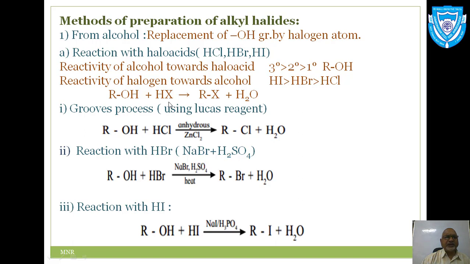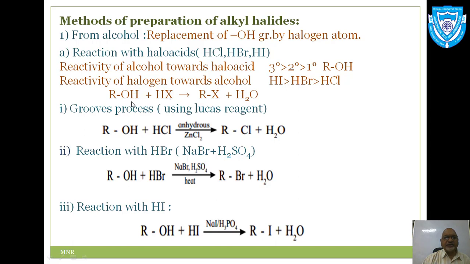In general, in the preparation of alkyl halides from alcohols, you take an alcohol ROH, where R is an alkyl group, maybe ethyl, methyl, propyl, any one, and OH is a hydroxyl group. When this alcohol is treated with HX, a hydrogen halide or haloacid, where X can be chlorine, bromine or iodine, there is a simple substitution of the hydroxyl group by a halogen.